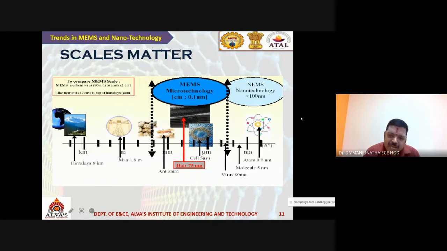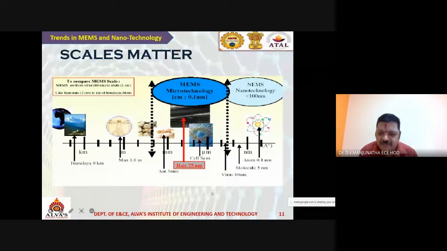When it comes to nanotechnology, I'll just touch on it here, but other resource persons will introduce it in detail. If we take nanotechnology into consideration, less than 100 nanometers is what is called nanotechnology, right? So MEMS technology will become NEMS, nano electromechanical systems, when it reaches the size of nano, right?